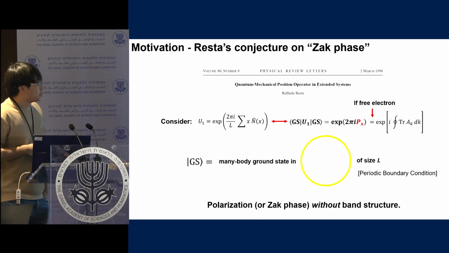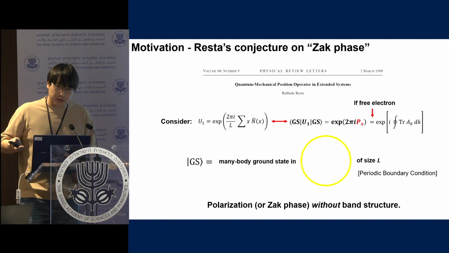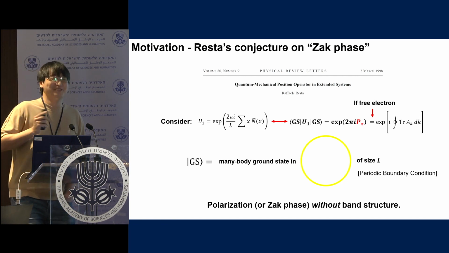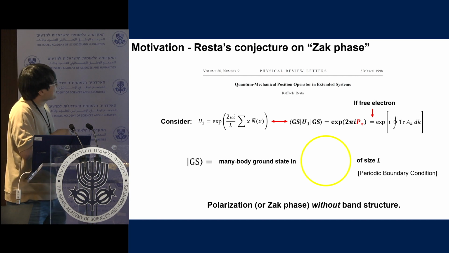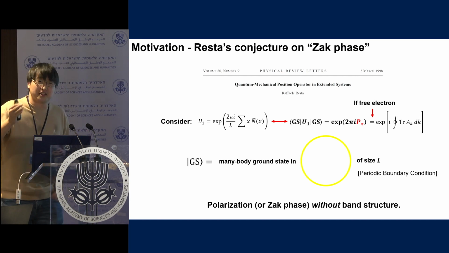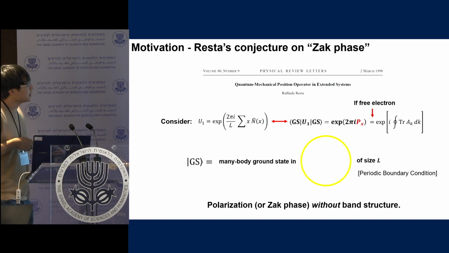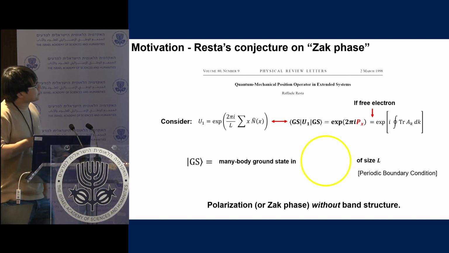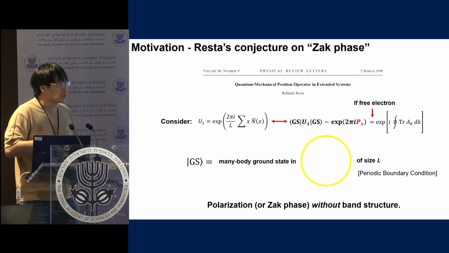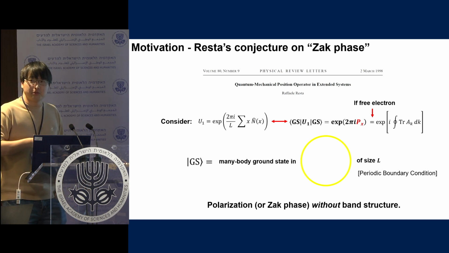The motivation for this, as we heard before, nothing is new. Nothing could be new. So the motivation for our formula started with Resta's conjecture on the Zak phase that Yoshi introduced briefly. The paper goes back to '98, and what Resta conjectured has never been proven.